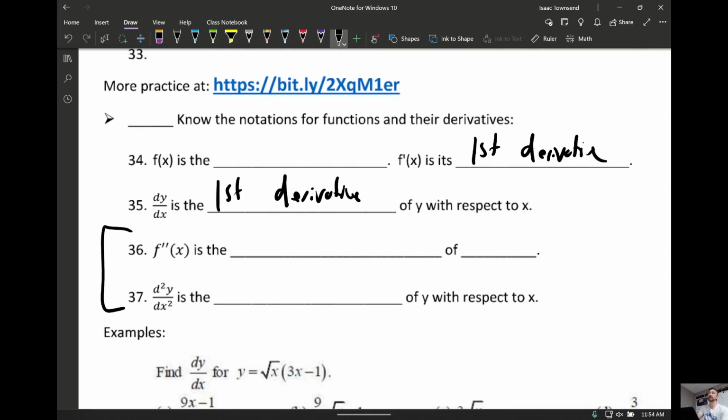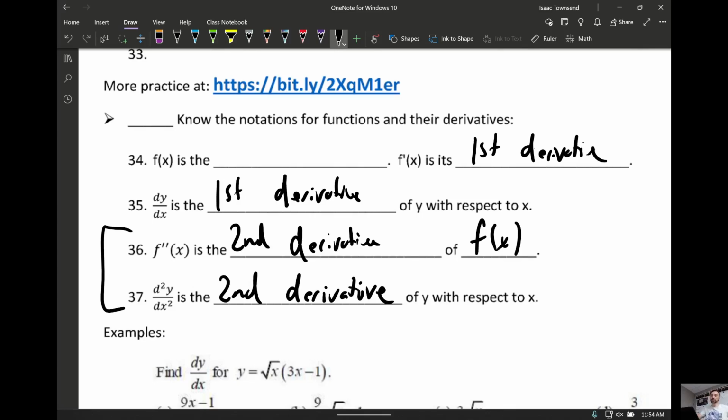Both of these are asking for the same thing. Two prime marks means it's asking for the second derivative of the function. And with this type of notation, I don't remember the mathematician's name that goes with this, but d squared y over dx squared is its way of asking for the second derivative.